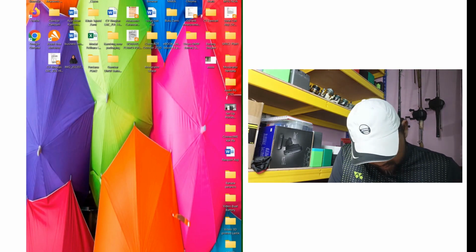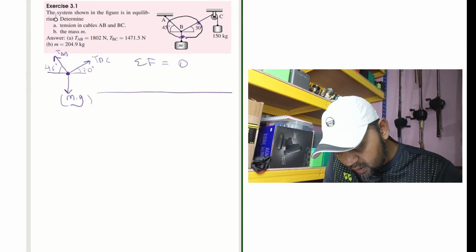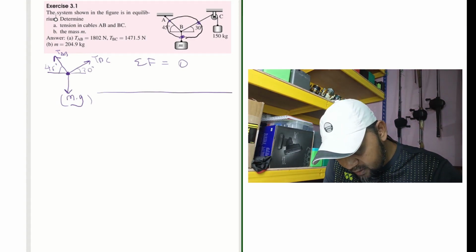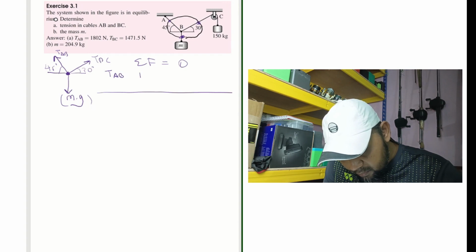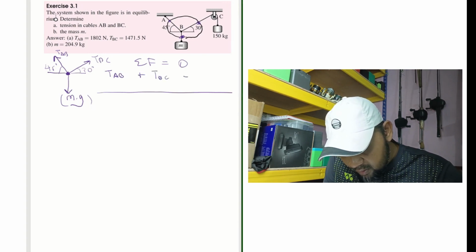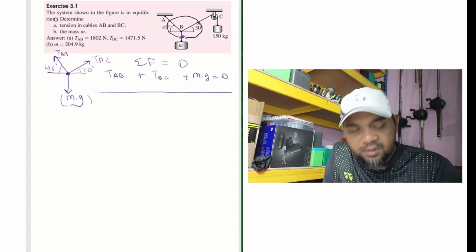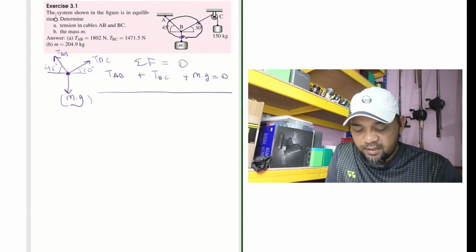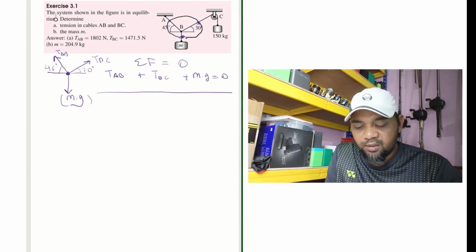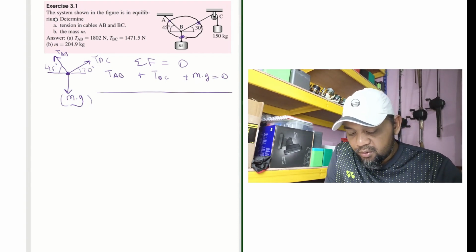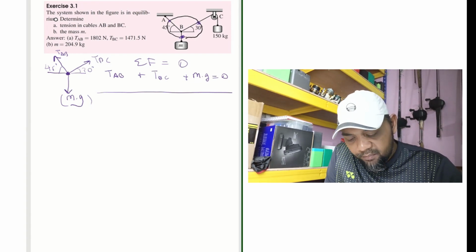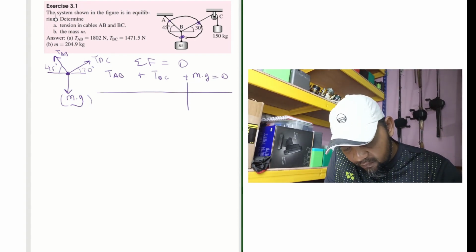So you should have TAB plus TBC plus mg equal to 0. Of course, these are vector quantities, so you have to add them accordingly.